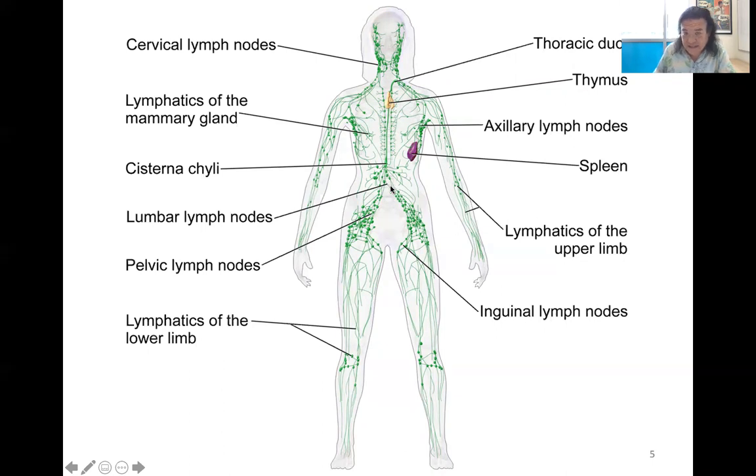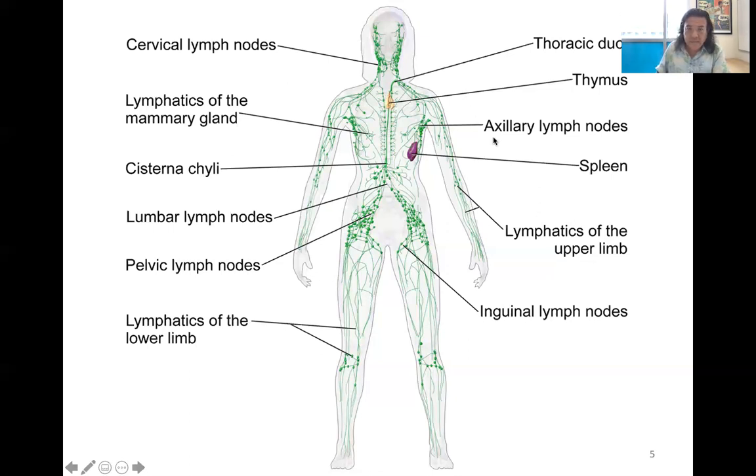But the point is, because it's passing through different lymph nodes, by the time the fluid gets up to the level of our shoulders, it's all cleaned up. And that water can be reintroduced into our circulatory system by joining up with our major veins at the level of the shoulders.